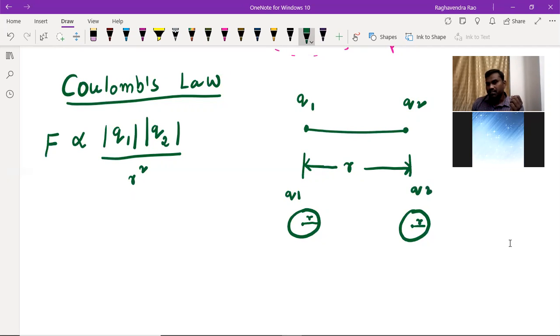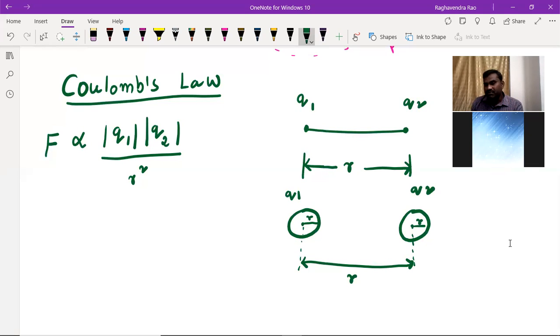On this, Q2 charge is present. The distance between the two charges can be taken as the distance between the centers of the two spheres, because the entire charge of the sphere is supposed to be concentrated at the center. We will measure this distance from center to center.